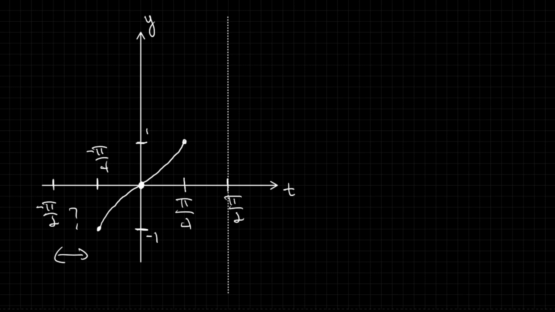And so our graph is going to look something like this to indicate that the y values get extremely, and in fact unboundedly large, as the t values get close to pi over 2.